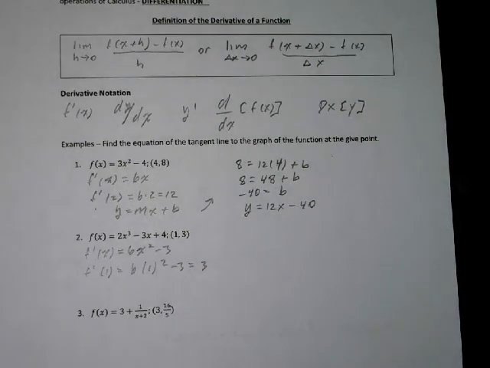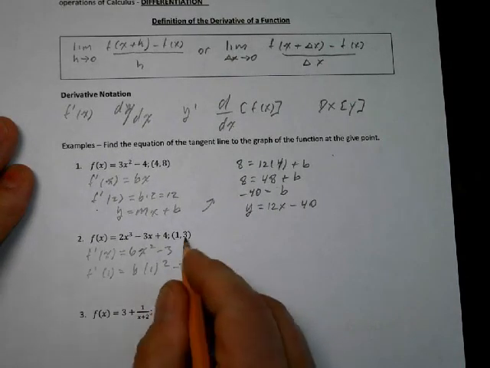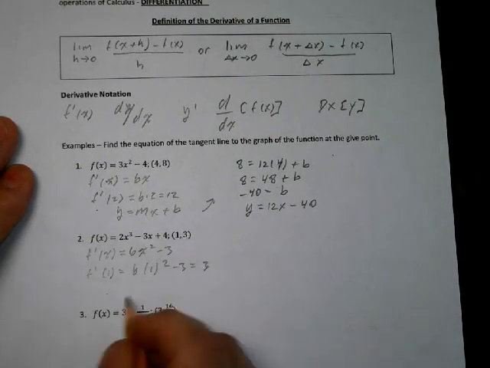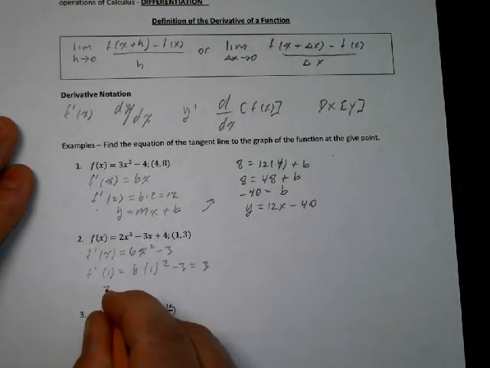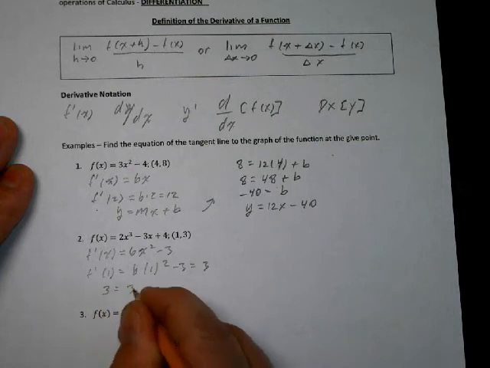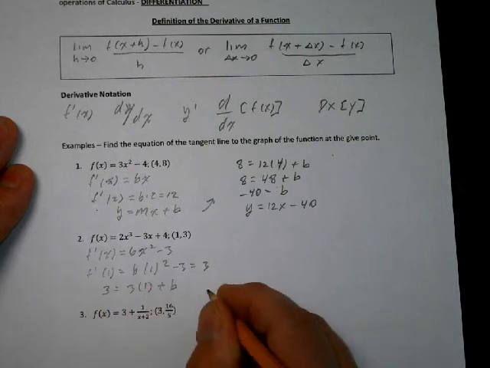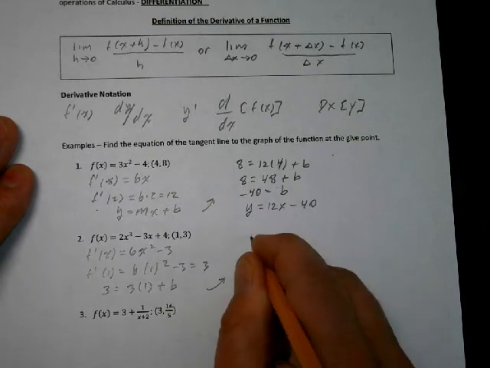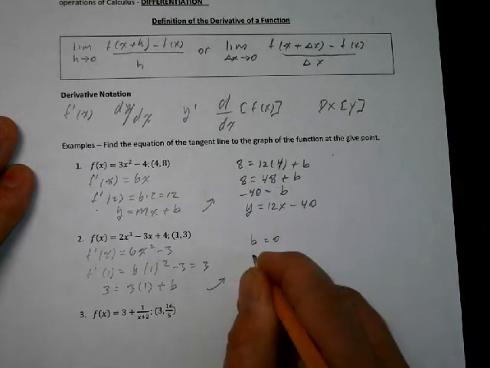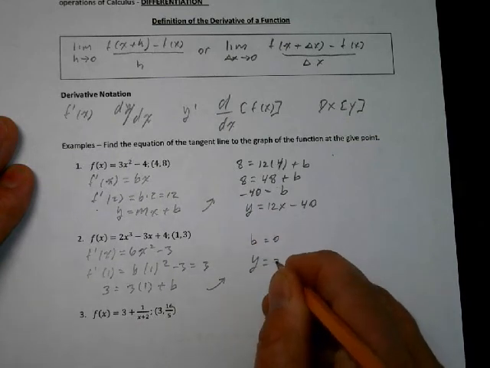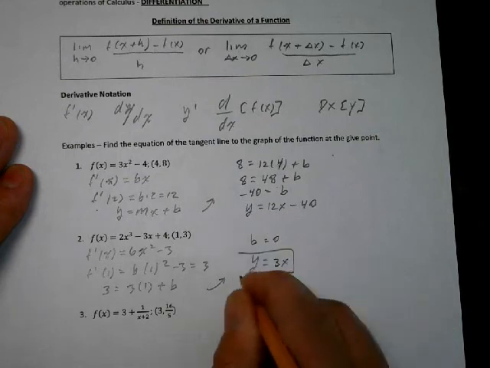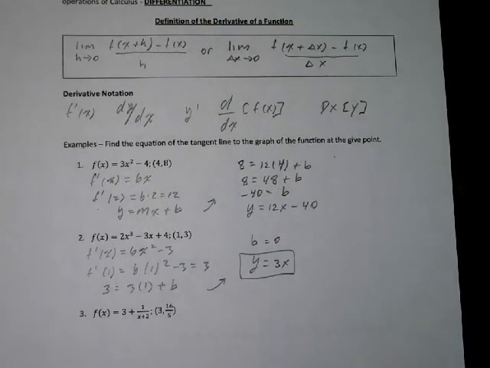So f prime of 1 is 3. My slope is 3. So I'm going to put the point (1, 3) into the equation y equals mx plus b, and in this case, b equals 0. So the equation of the tangent line is y equals 3x.